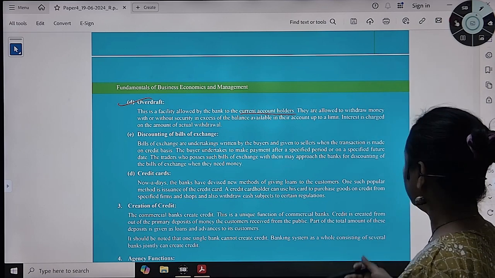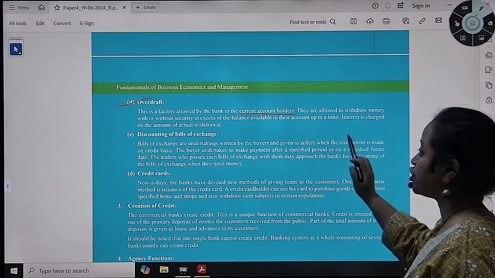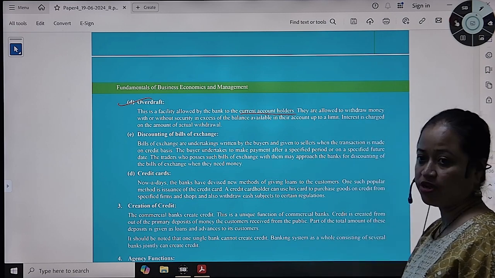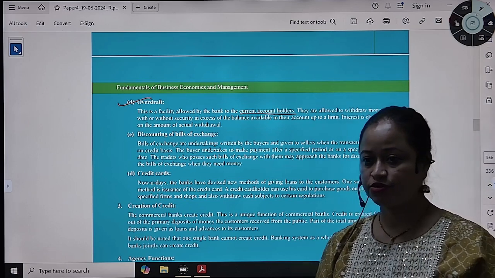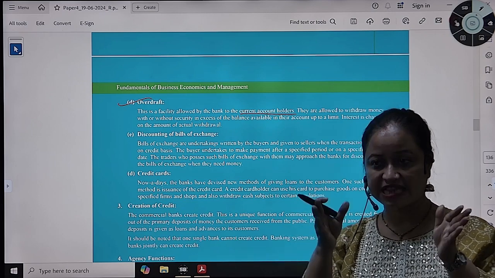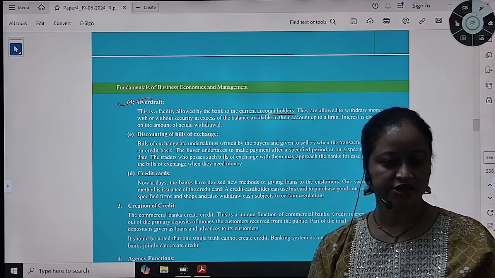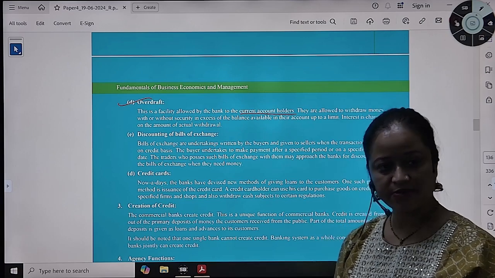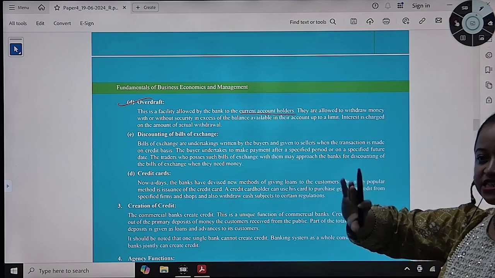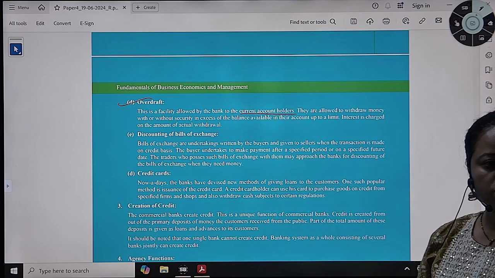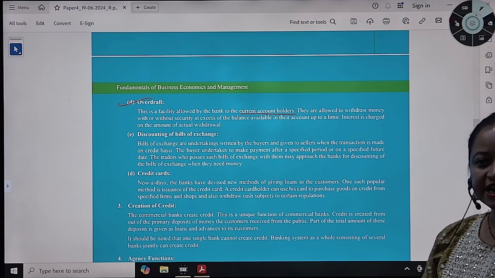Interest is charged on the amount of actual withdrawal. So whatever the overdraft, the over-withdrawn money, on that interest will be charged by the bank to the customers. Am I clear? In this point, you need to remember, overdraft facility is given to whom? Saving account holder, current account holder, recurring deposit account holder?